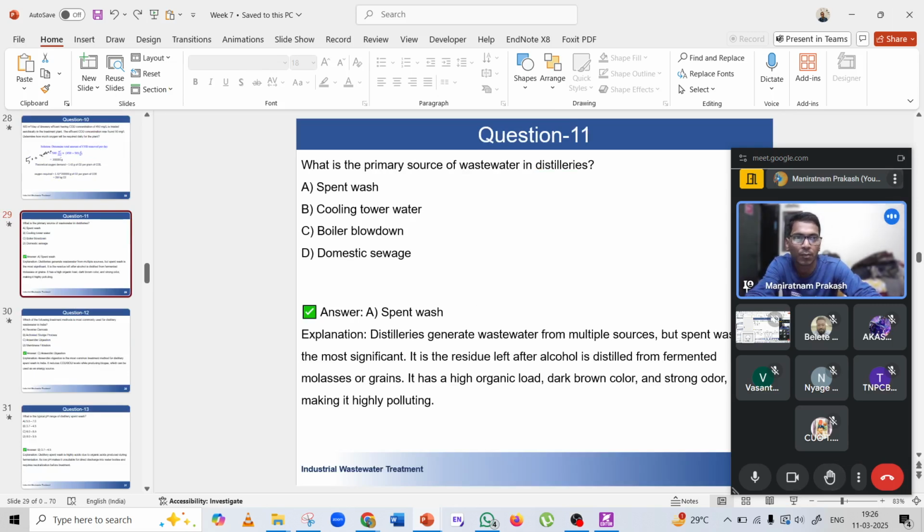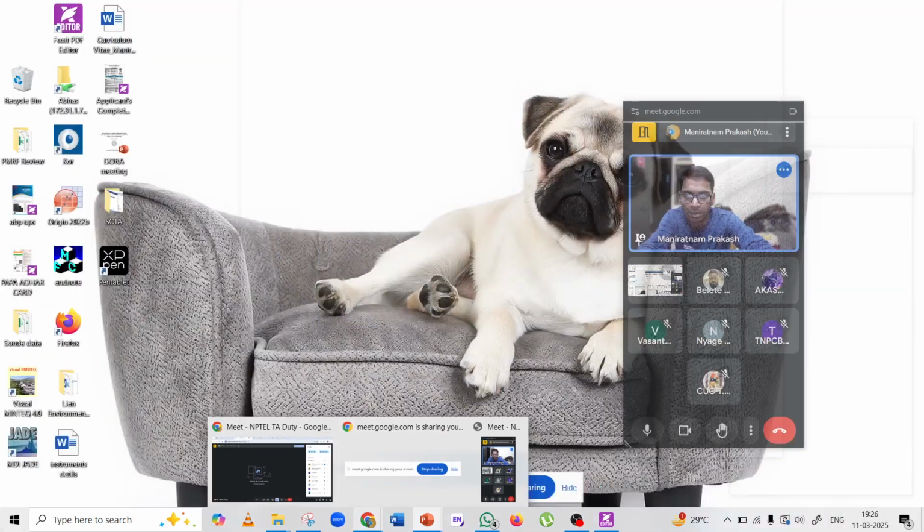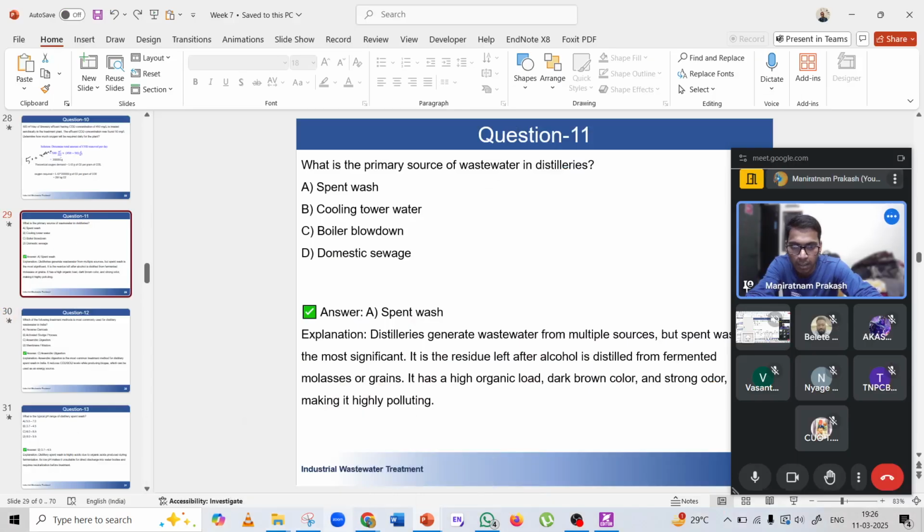Where is my cursor? My laptop is hanging a little bit. I don't know why.